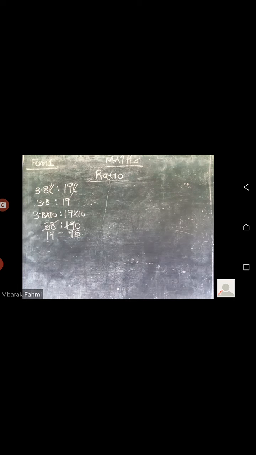So can we divide further on that? Yes, it is possible. So here we can say by 19, 19 will go how many times into this? It will go 5 times. And therefore the ratio is 1 is to 5.